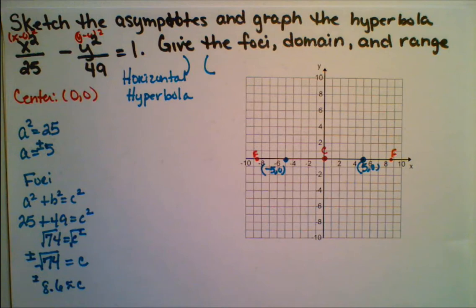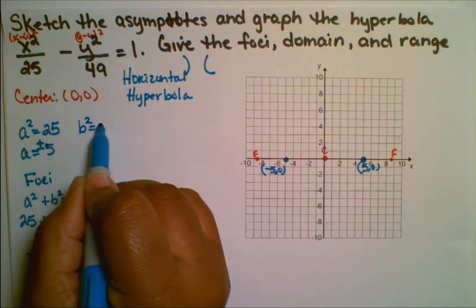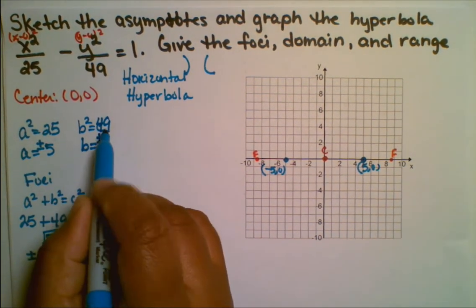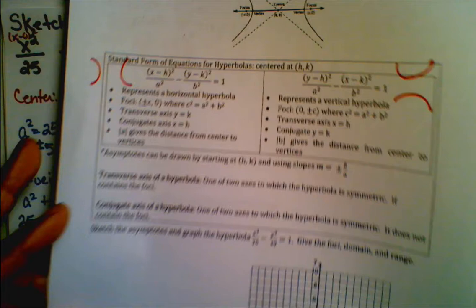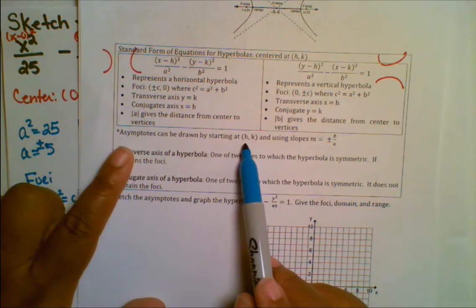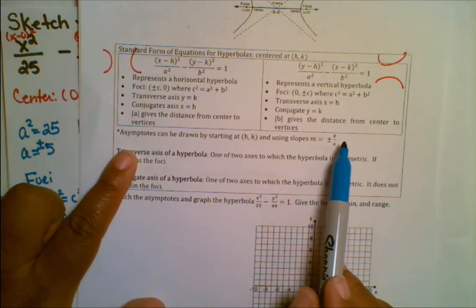Now to find the asymptotes, let's go ahead and just identify b squared for a second. B squared, which is 49, therefore b is going to be plus or minus 7. To find the asymptotes, let's go back to your notes. The asymptotes can be drawn by starting at your center, h comma k, and using slopes m equal to plus or minus b over a.